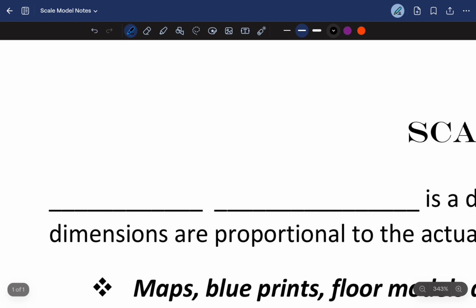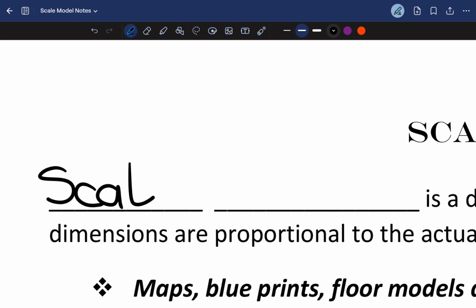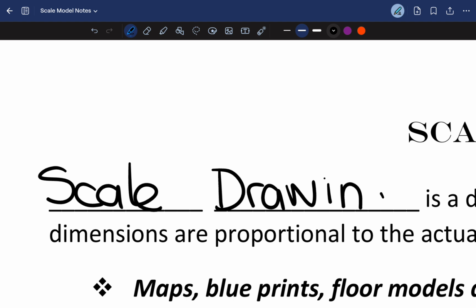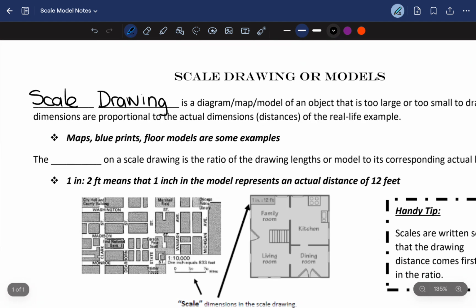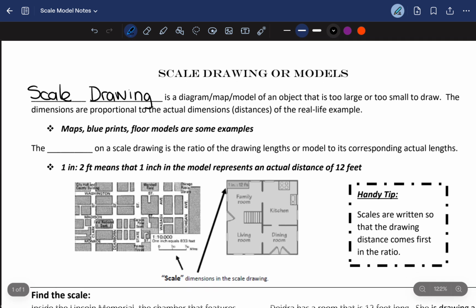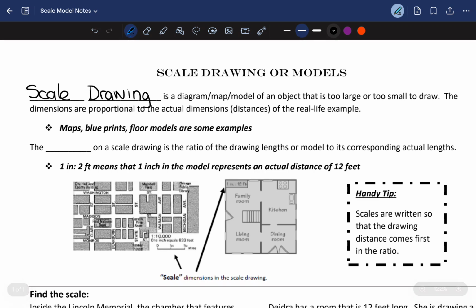Okay, so as for the lesson, these first two blanks are scale and then drawing. So a scale drawing is a diagram, map, or model of an object that is too large or too small to draw.